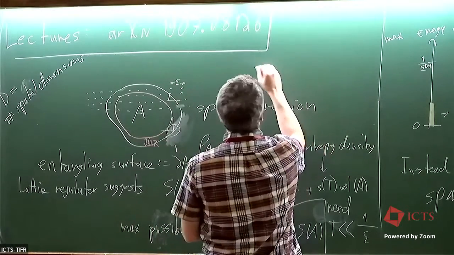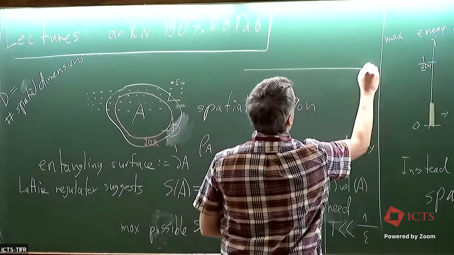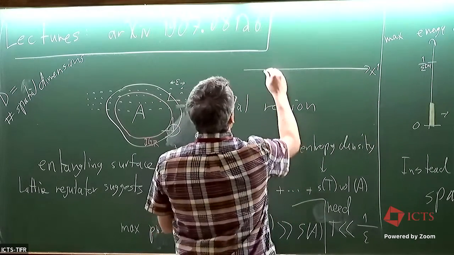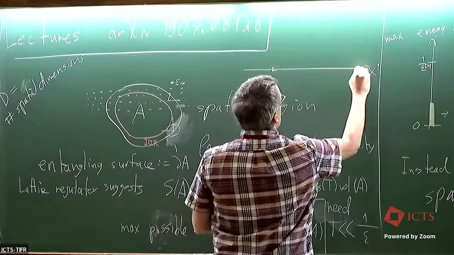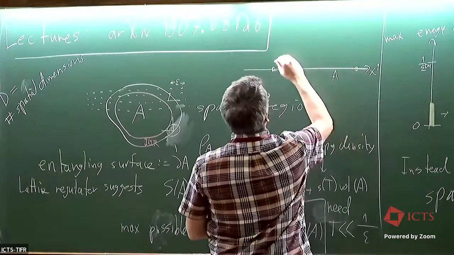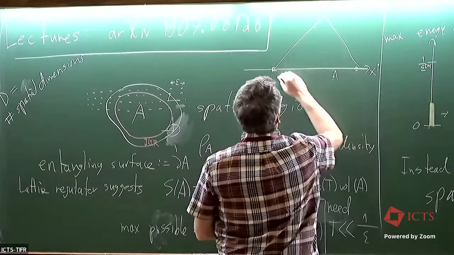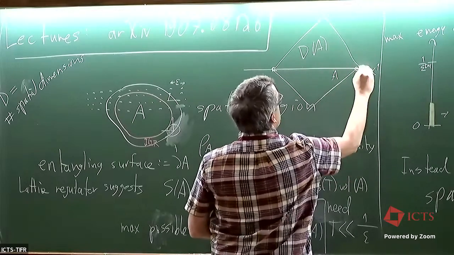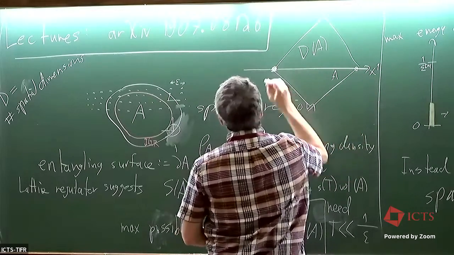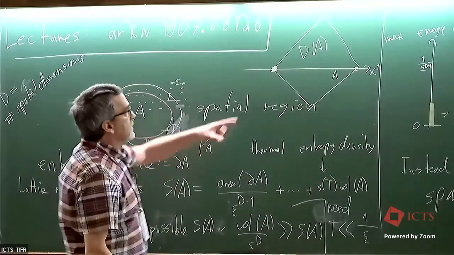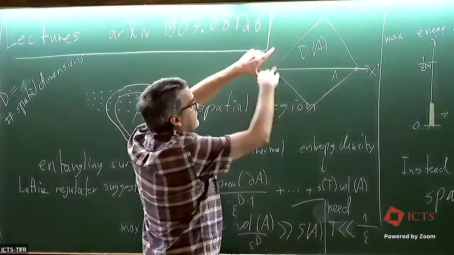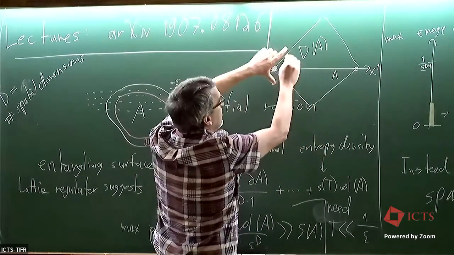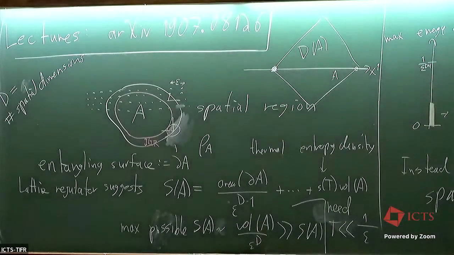Let me attempt one more drawing that might help. So this is my region A, and here's its causal domain, okay? And near, let's say, this point, even though A is some complicated thing, it looks just like this figure.